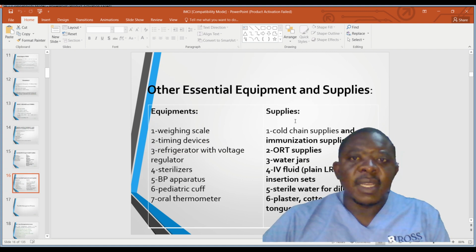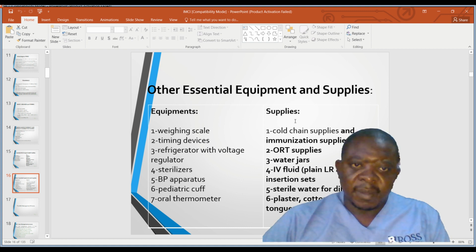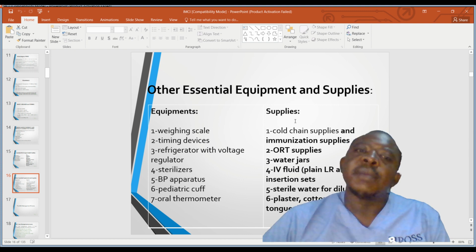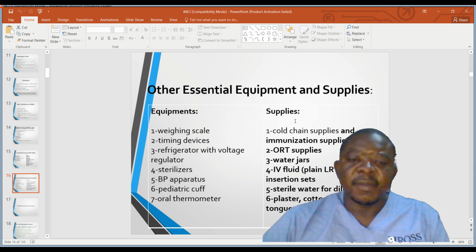Other essential equipment and supplies for IMCI include a weighing scale, timing device, refrigerator with a voltage regulator, sterilizer, and blood pressure apparatus, and a pediatric cuff should also be available. Then an oral thermometer. Other supplies may include cold chain supplies and immunization supplies.